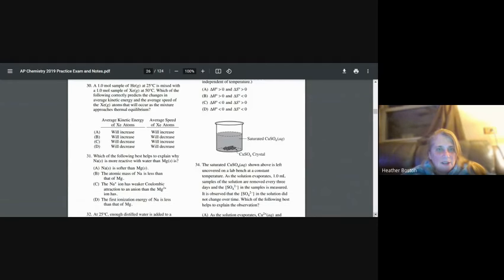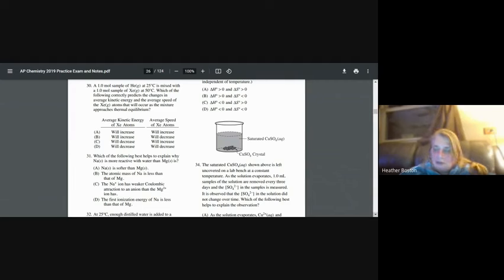30. You've got two noble gases. Changes in the average kinetic energy and the average speed. Okay, when you mix them together, one's at a lower temperature and one's at a higher temperature.